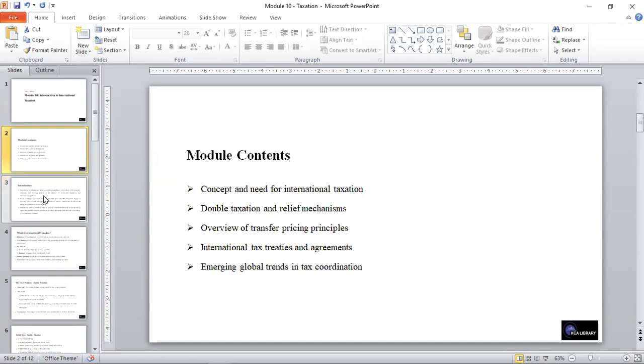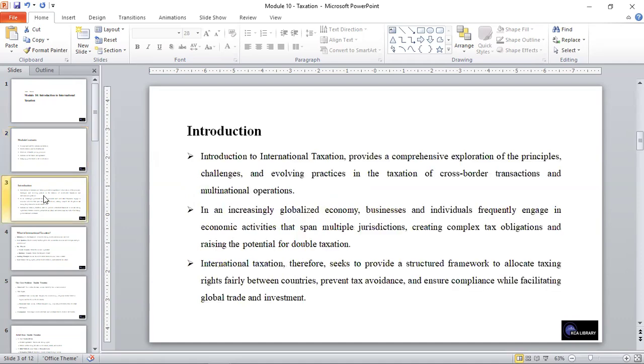We have the full notes available. Introduction to international taxation provides a comprehensive exploration of the principles, challenges, and evolving practices in the taxation of cross-border transactions and multinational operations.